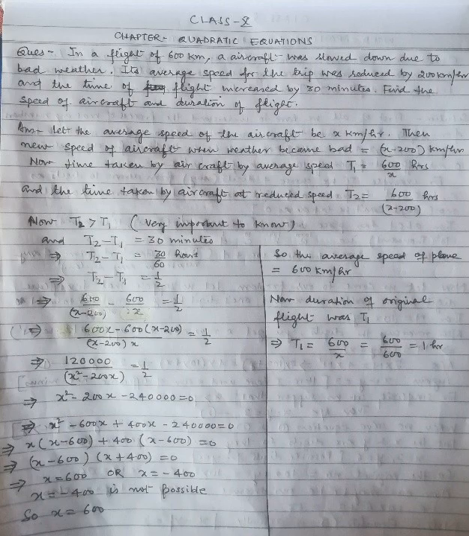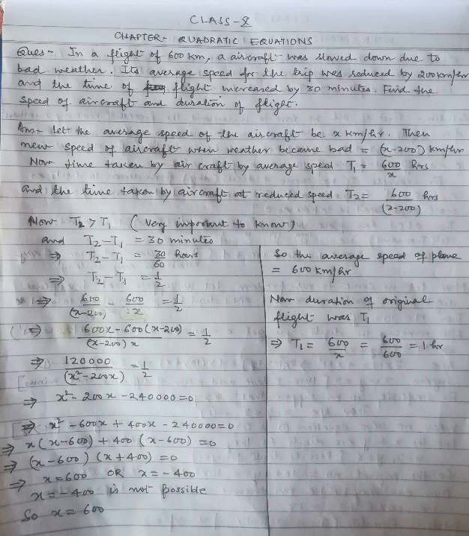We will take x common in the first bracket, we get x minus 600, and then we take plus 400 common. Again we get x minus 600 as common, and taking this x minus 600 as common, we get the second linear factor x plus 400. So finally we have got two different answers of x. x is equal to 600 and x is equal to minus 400.